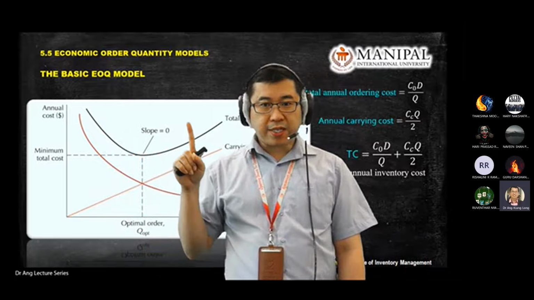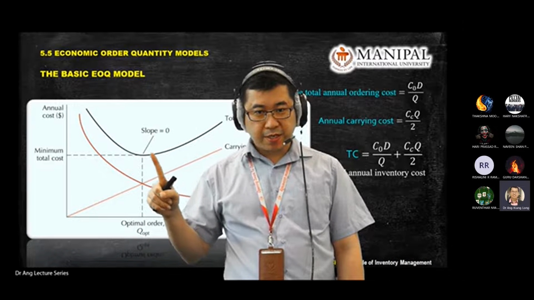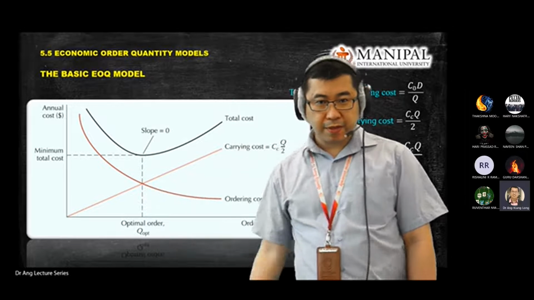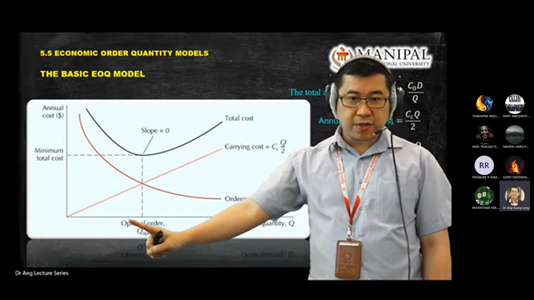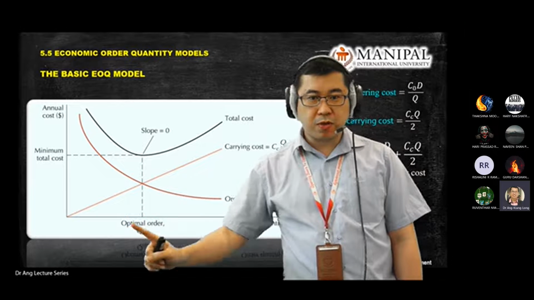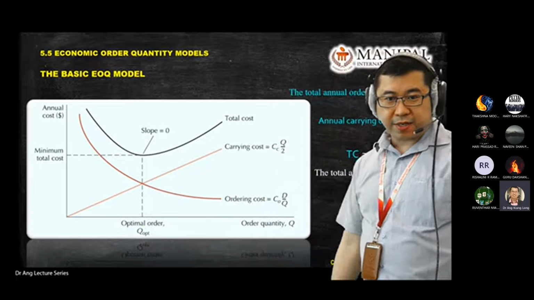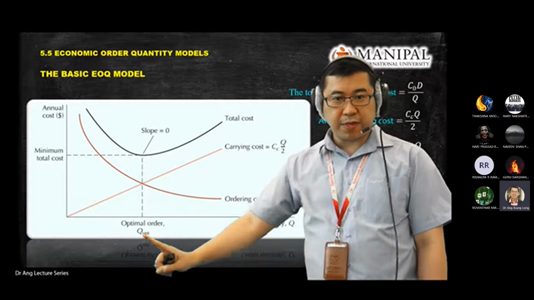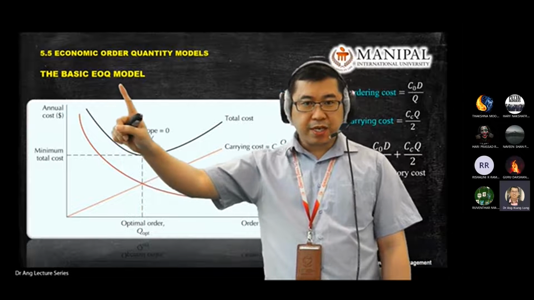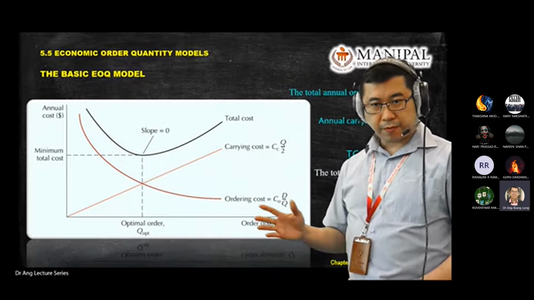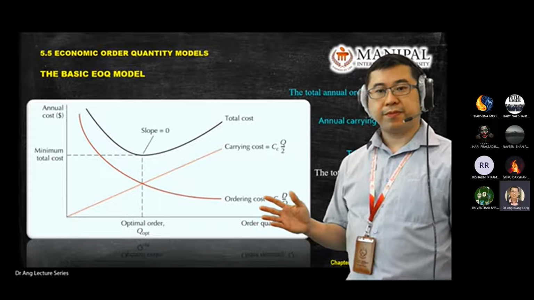y equal to ax squared plus bx plus c. You find this one, dy/dx equals 0. You find this point. You project down, you get the optimum order quantity for that order, right? So this is how you find your minimum order quantity in the basic EOQ model. Make sense to you?